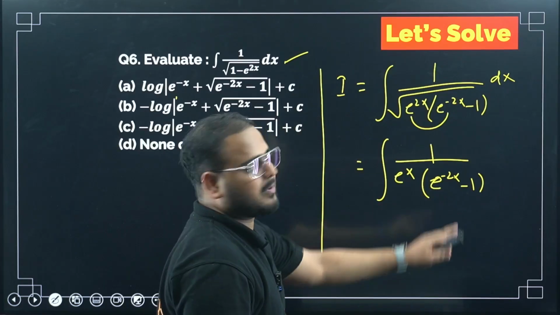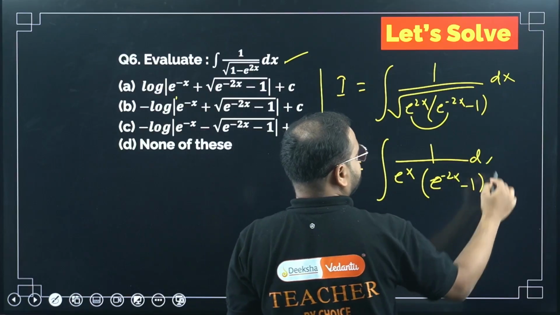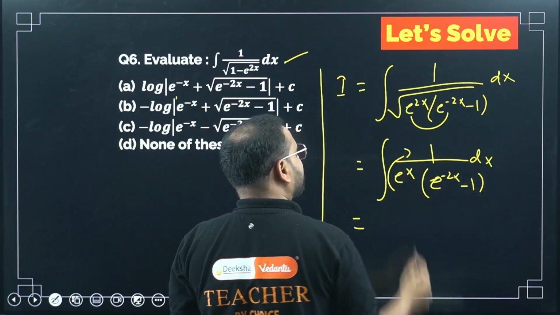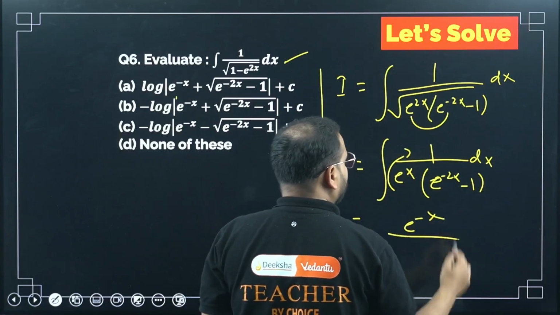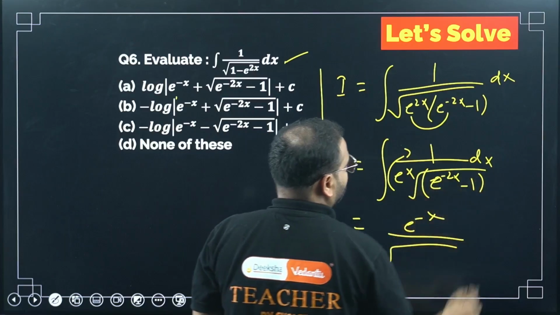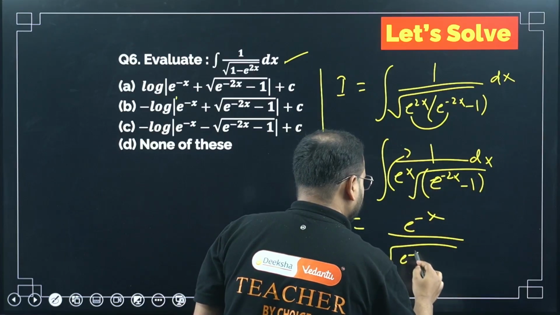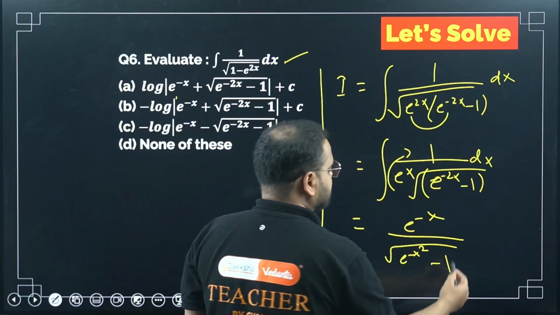Power to power rule is there. What will this become? I'll take this upside, e power minus x. Check this out. In the root, e power minus x square minus 1 square.